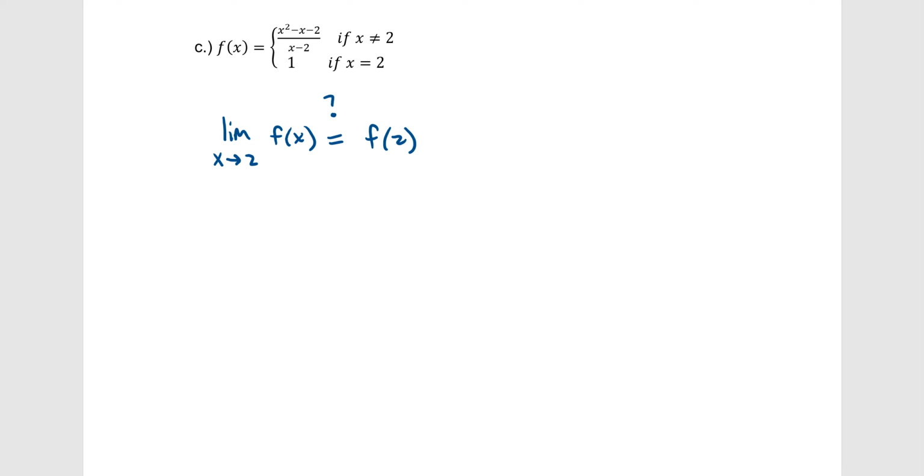So we know f of 2 is equal to 1 because that's given to us in the piecewise function. When x is 2, f of 2 is 1. And now we need to find the limit of f of x as x approaches 2.